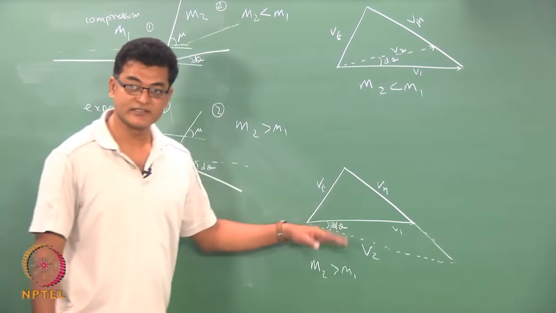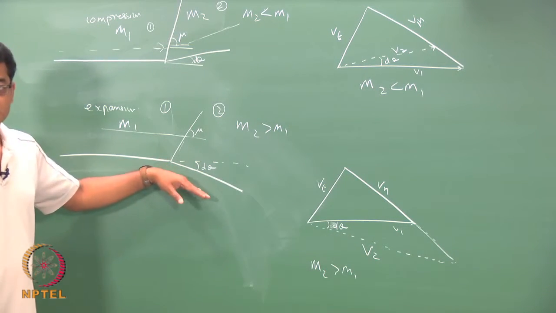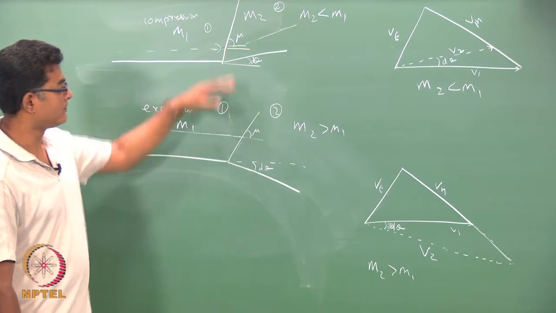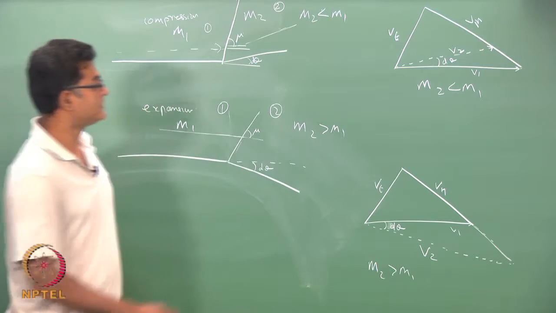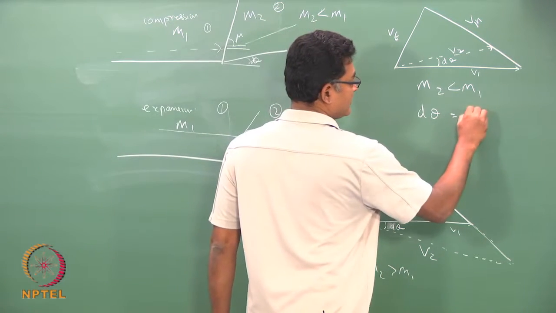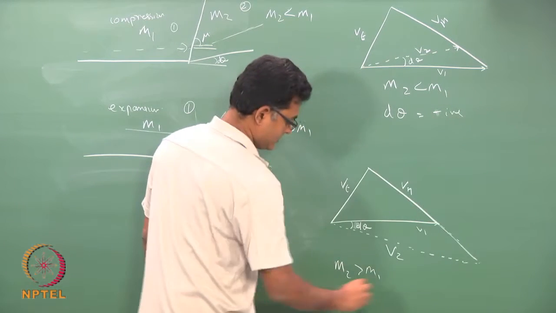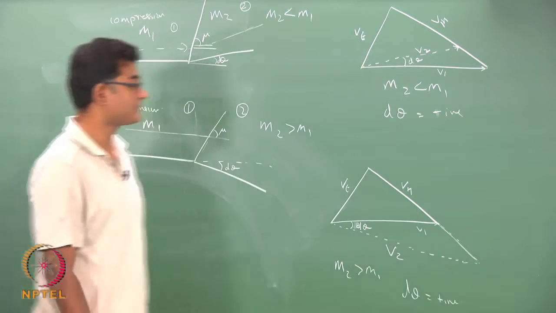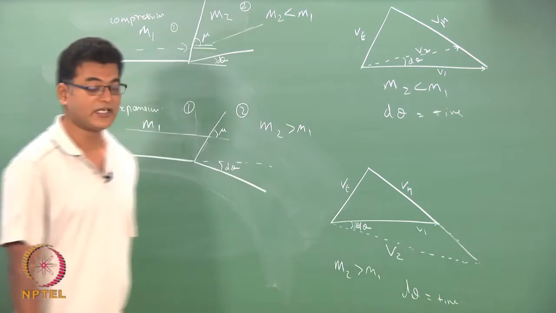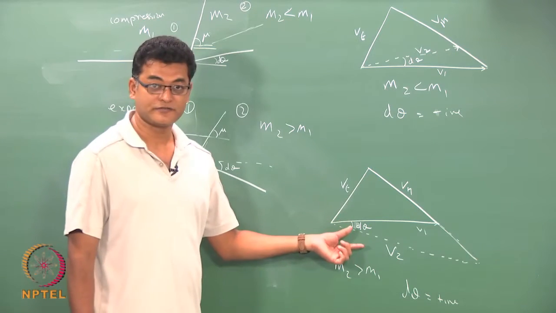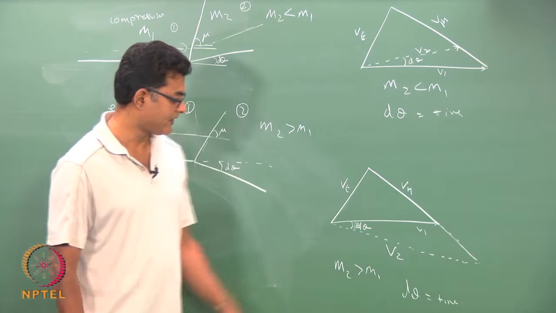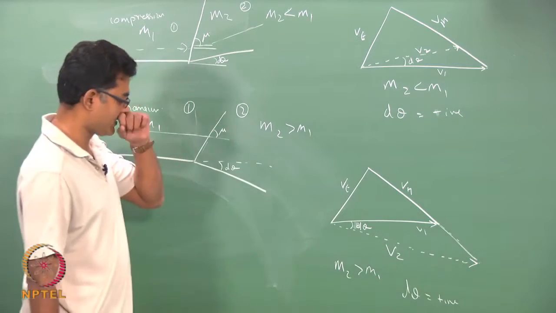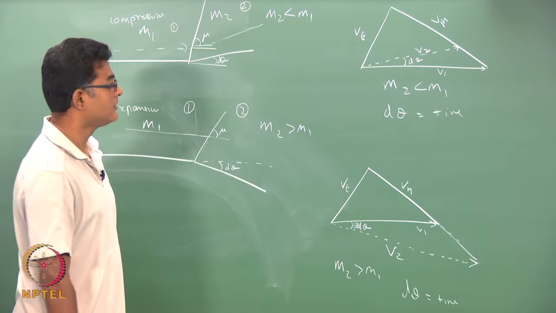So, there is always an increase in your velocity when you make a turn like this. So, in a compression wave, this is typically assumed negative and this is assumed positive, okay. The importance of which we will see later. For the time being, it is just the modulus of d theta. In one case we have an expansion, in another case we have a compression, okay.